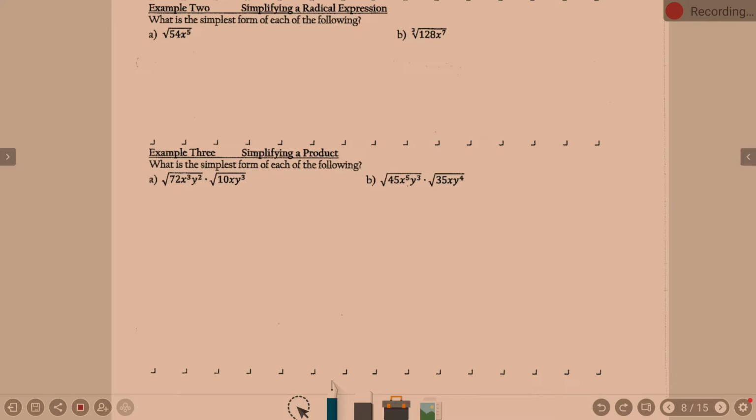So with that in mind, what I'm looking for you guys to do, and I think you get this a little bit in Algebra 1, I'm looking for a perfect square that divides into 54. So 54 is not a perfect square, because there's not a whole number times itself that gives me 54. But I'm looking for what number that is a perfect square is also a factor of 54. It's 9 and 6.